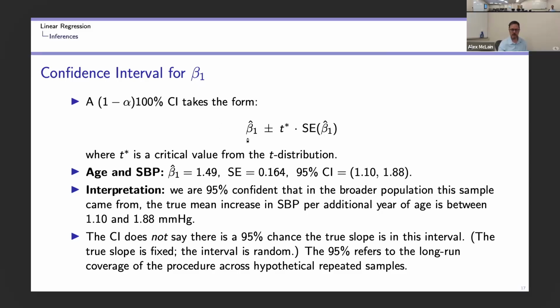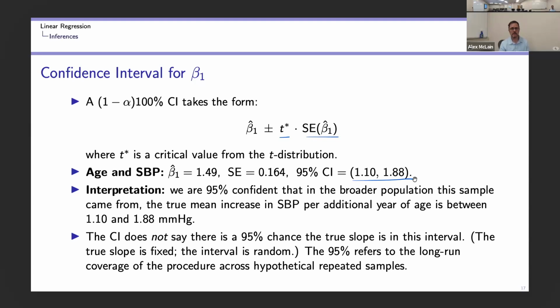So how we get a confidence interval, we take our estimate, we add and subtract the standard error of beta 1 times this t star. And this is going to be a critical value. When we're doing a 95% confidence interval, that t star is going to be about 2, a little bit higher when the sample size is smaller. So for example, here, if we have beta 1 equal to 1.49, standard error is 0.164, the 95% confidence interval we get is 1.1 to about 1.9.